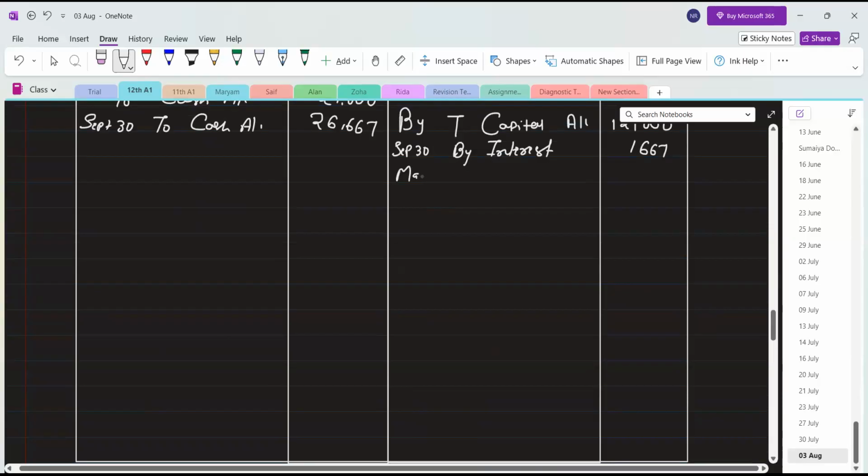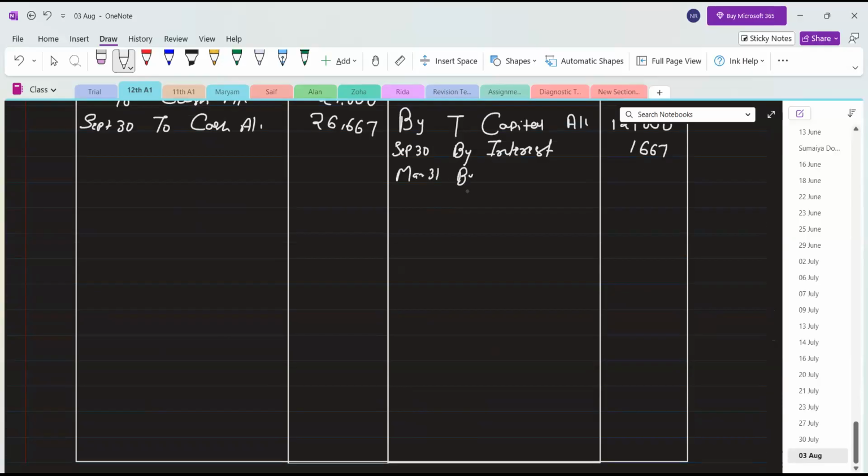So again, March 31st by interest 3,750, March 31st to cash 28,750.